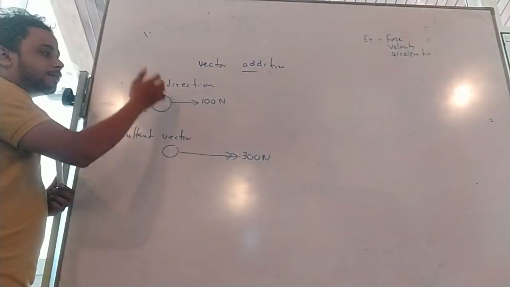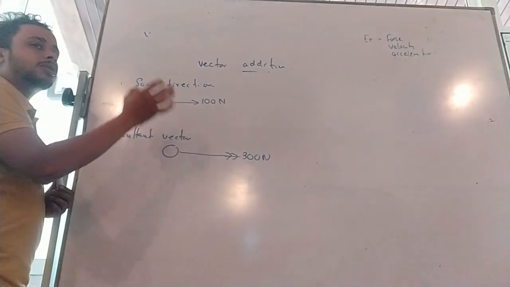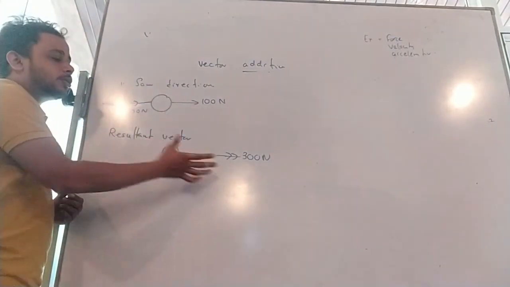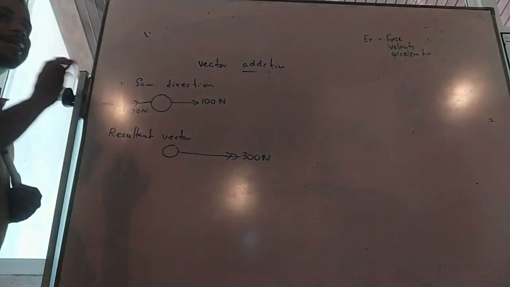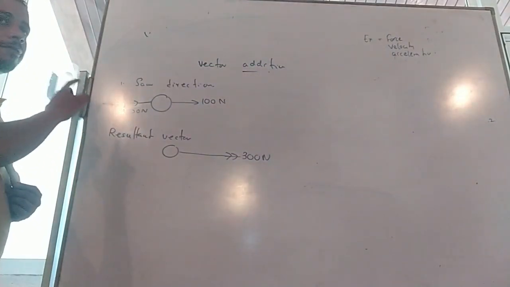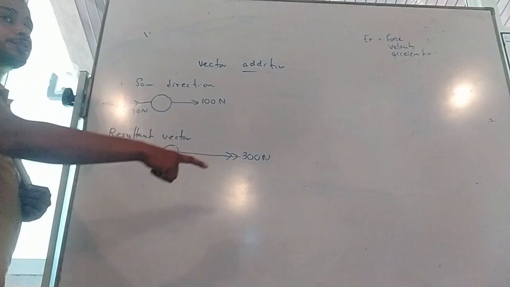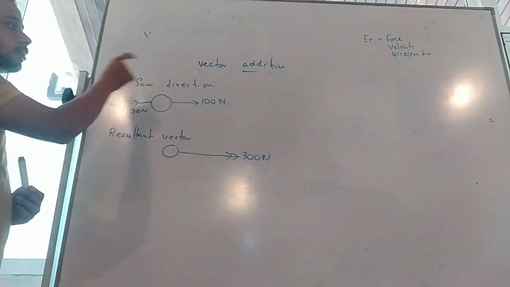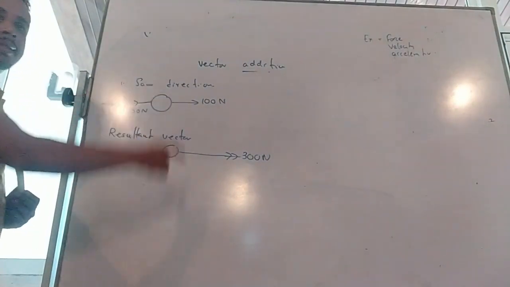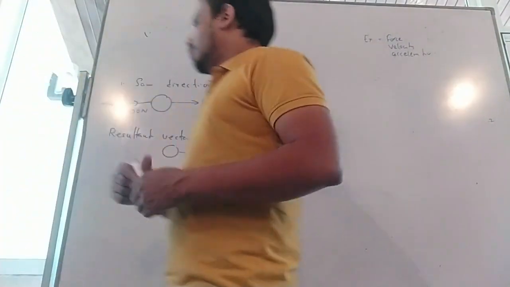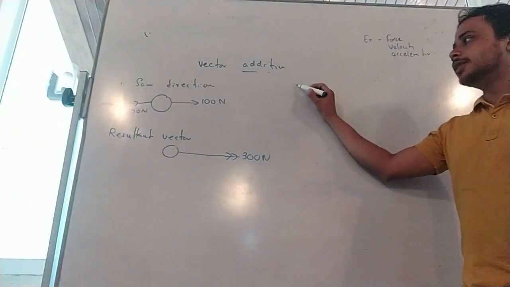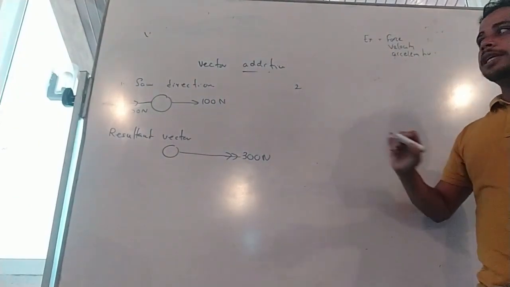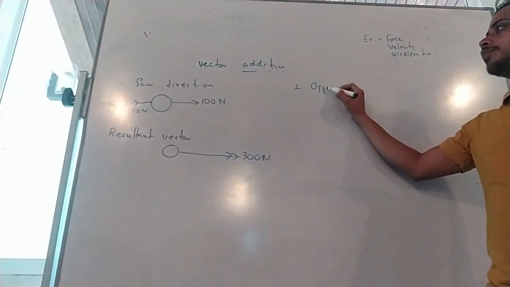If you have 3 forces or 4 forces, their sum is known as the resultant force. That single force can do everything all those forces are doing. Clear? So if the forces are in the same direction, it is like this. Now let's say the forces, or whatever vectors, are in the opposite direction.